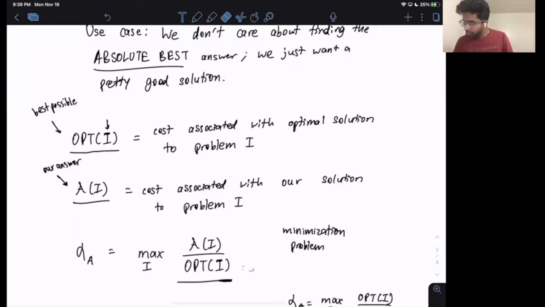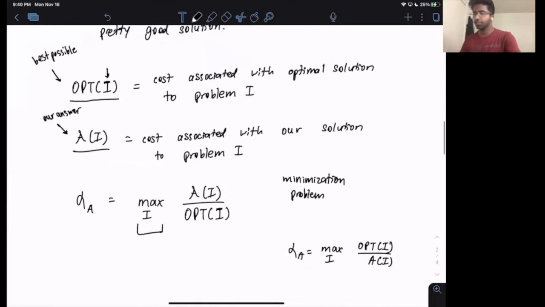And the reason we have this extra term of maximum over I is that, essentially, we're given some sort of general problem, right? Let's say it's the TSP problem, the traveling salesman problem, and we're trying to minimize something.